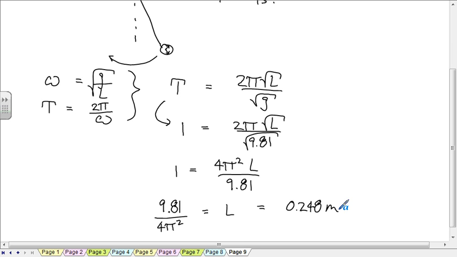The long answer is, yeah, it would have a little bit of effect, because we're assuming that the string has no weight, and the closer the mass and the string are to the same weight, the less you can make that assumption. So in that sense, it would make this calculation a little worse as that mass got smaller.